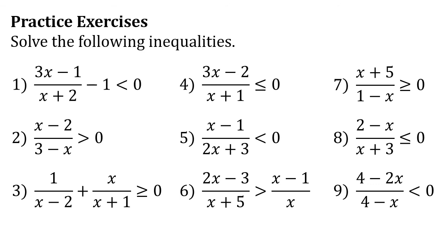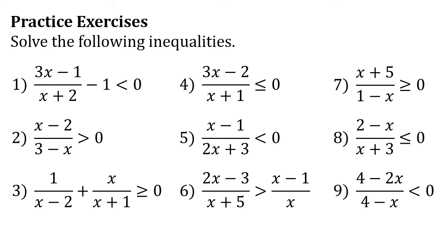And then for number 3, 1 over x minus 2 plus x over x plus 1 greater than or equal to 0. So combine these two also. For number 4, 3x minus 2 all over x plus 1 less than or equal to 0. That's easy, as well as number 5, x minus 1 all over 2x plus 3 less than 0.